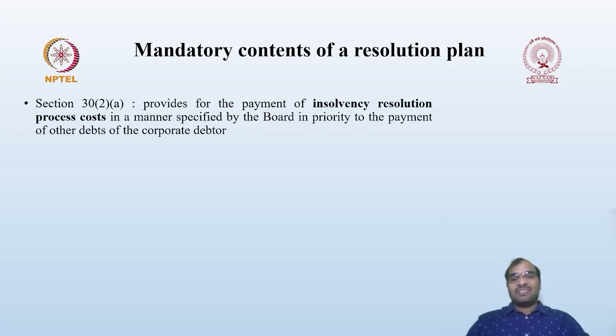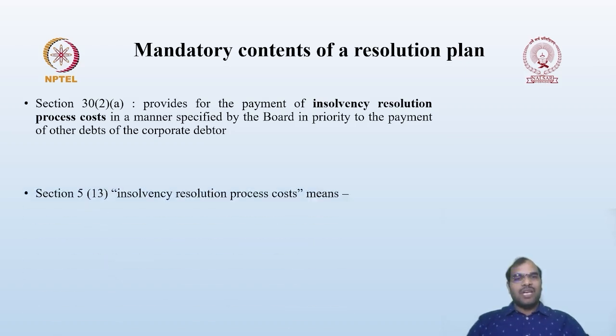Because first you are supposed to pay the insolvency resolution process cost, then only you can pay to other people. So how you are going to make the payment has to be there in the resolution plan.